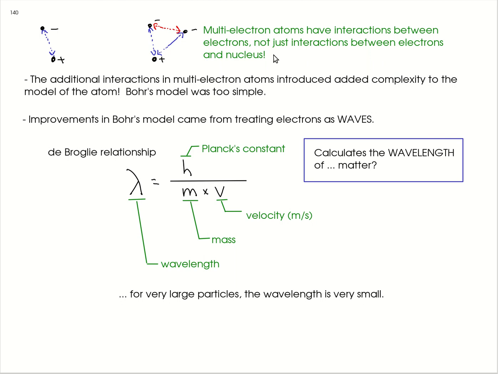But there was a problem. Of course, Bohr's model, his initial model, was too simple, and attempts to actually fix it by trying to model electron-electron interactions ran into a problem. The problem was they modeled electron-electron interactions the same way they modeled electron-proton interactions.